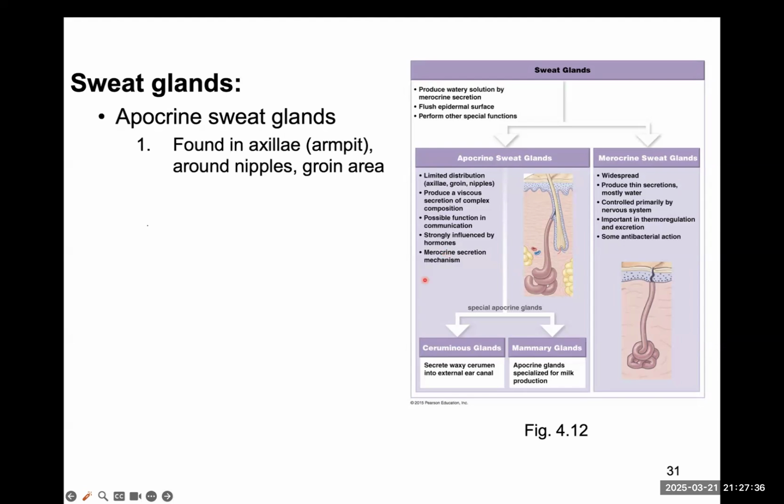The anatomical word for armpit is axilla, and also around the nipples and the groin area. These are going to secrete sweat onto the hair follicles, and the chemicals here might contain fair amounts of pheromones.